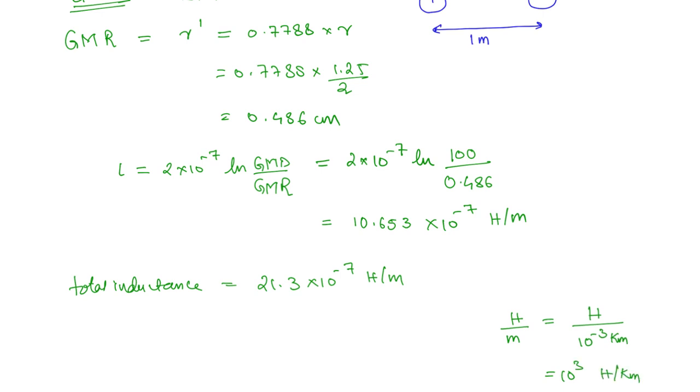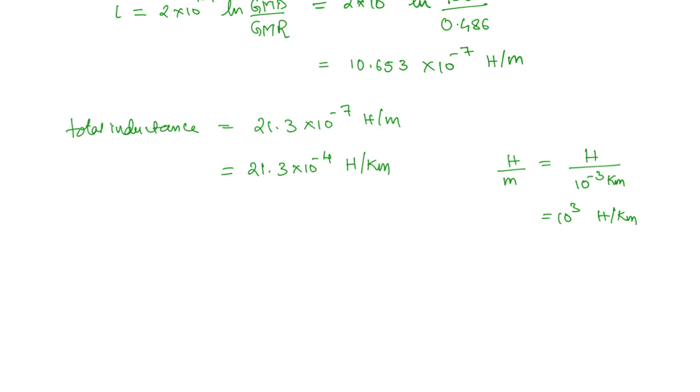So what is the conversion factor here? 10 to the power 3. So you multiply this by 10 to the power 3. So you are going to get 21.3 into 10 to the power minus 4 Henry per kilometer. Next, what is left out? The reactance. This is going to be 2 pi FL.